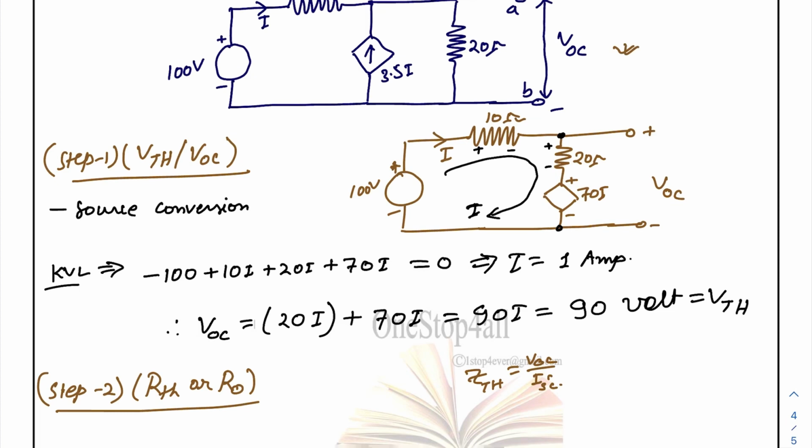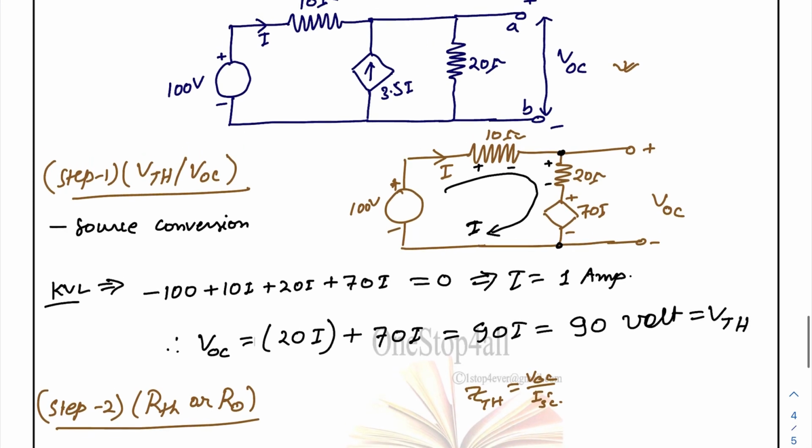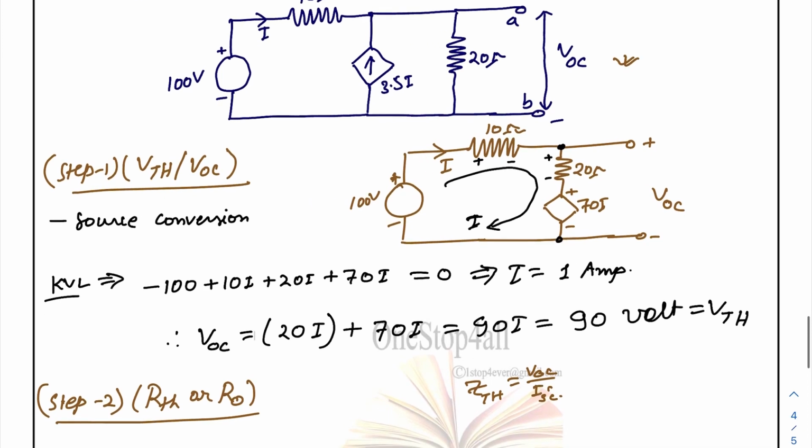If we short circuit here, what will we do? If we simply short circuit this and find the short circuit current, then we can simply take the ratio and find the ZTH.